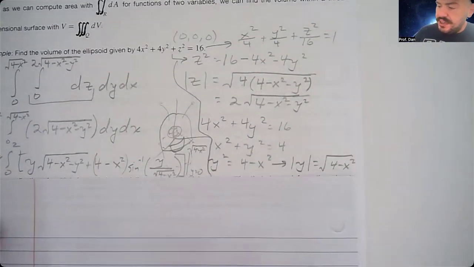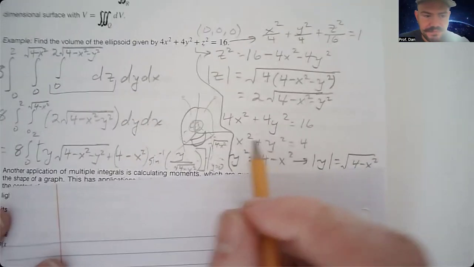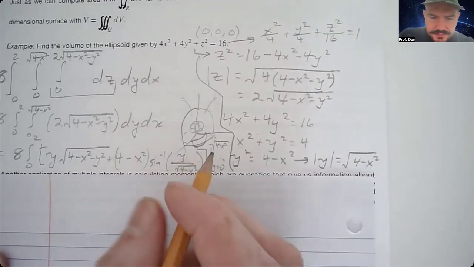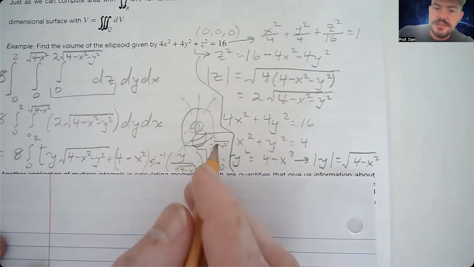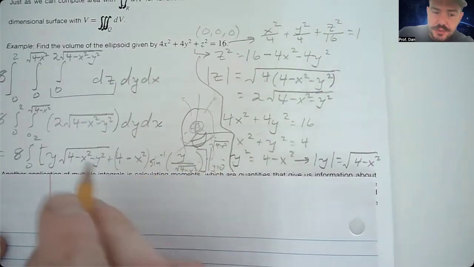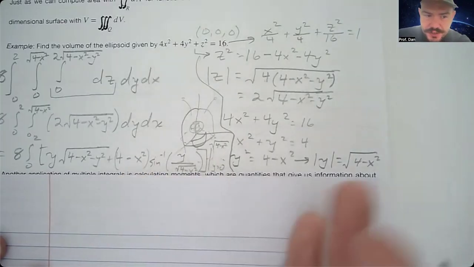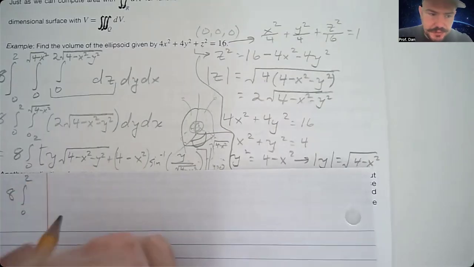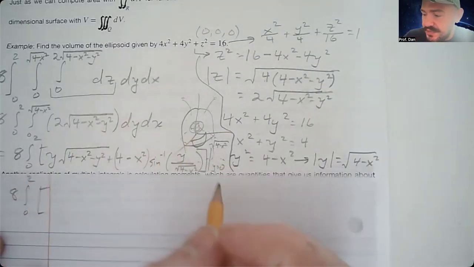So continuing, I'm basically going to plug the top limit in anywhere that I see a y, plug 0 in anywhere I see a y, and then subtract the results. So we have 8 times the integral from 0 to 2. Here's the convenient thing, though.